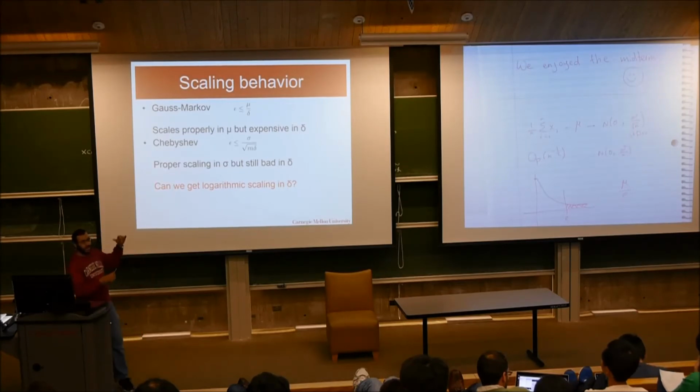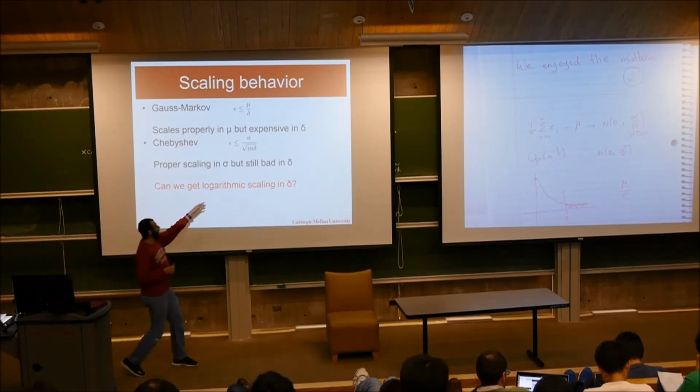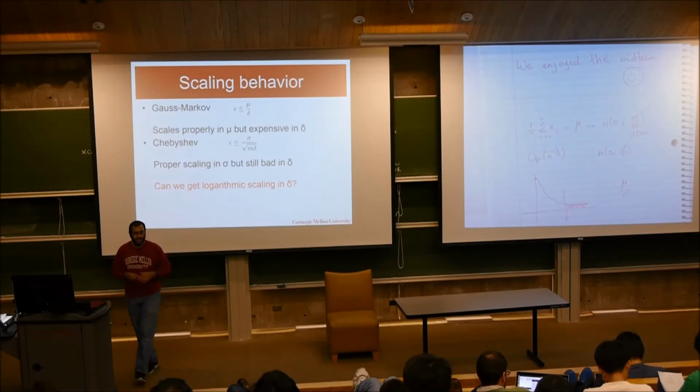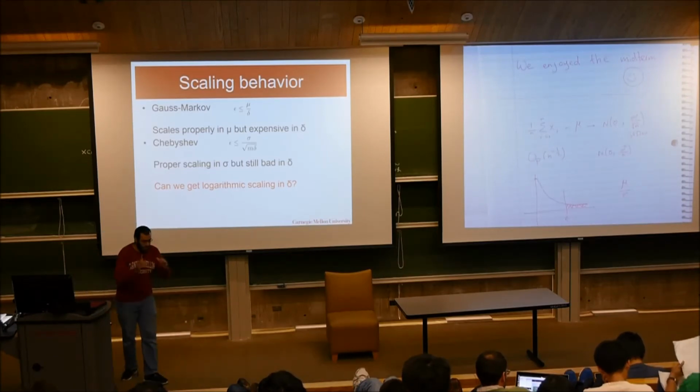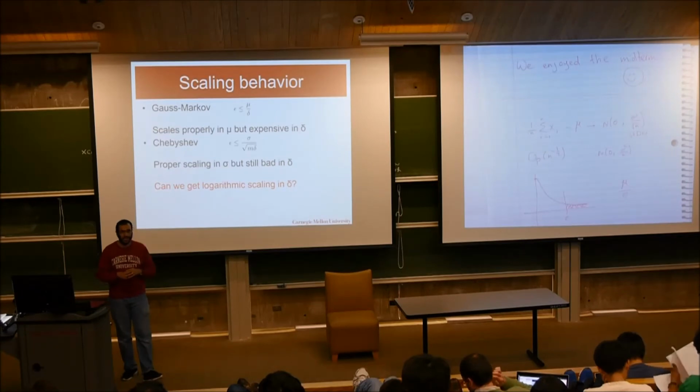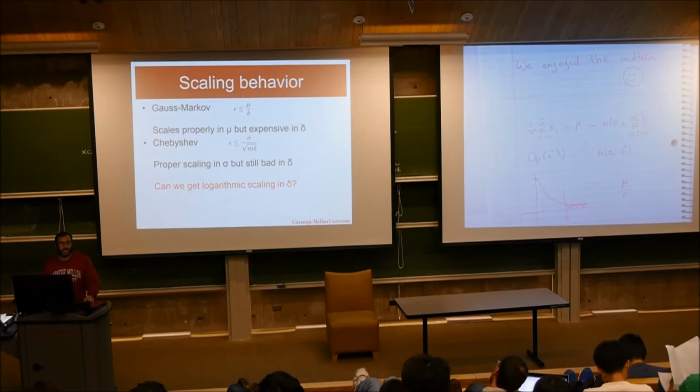And so dividing by delta is a very large quantity. For Chebyshev, we get this. First, the bound decreases with the amount of data, which is good. But it's still 1 over root delta, which is not that good. We want a logarithmic scaling in delta.